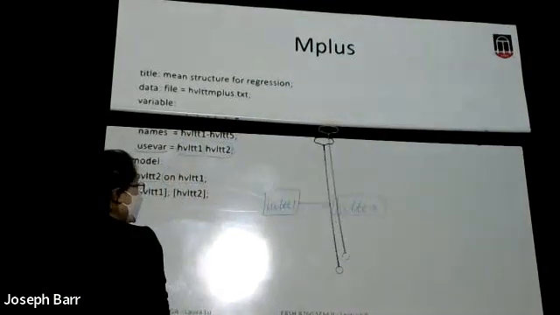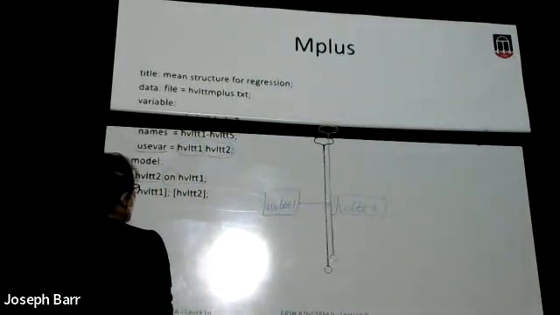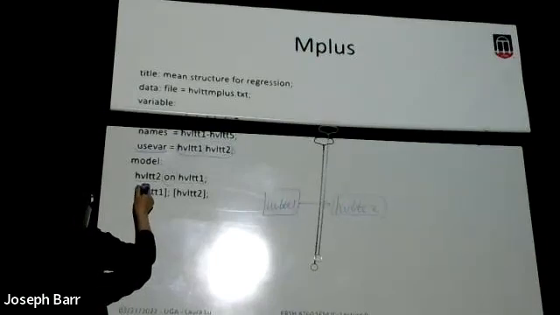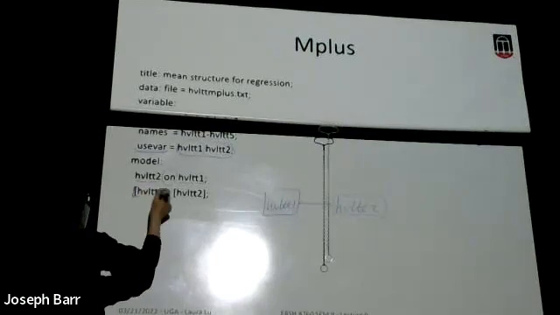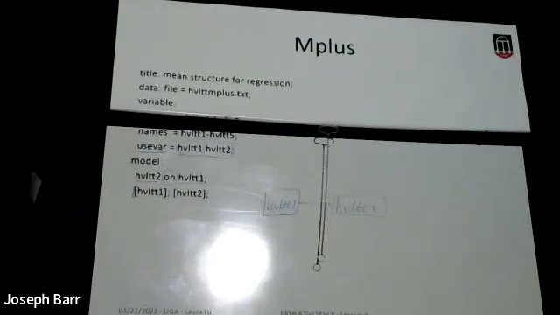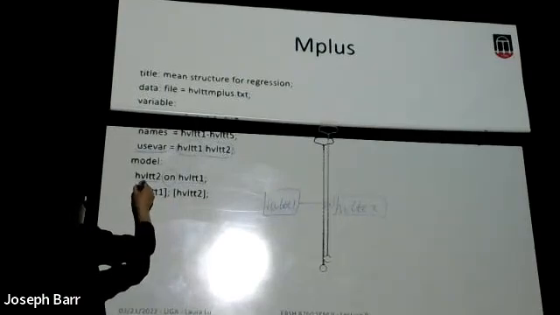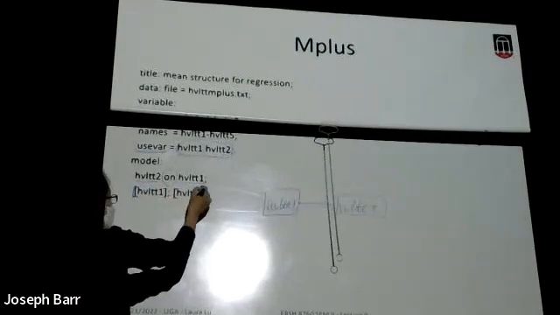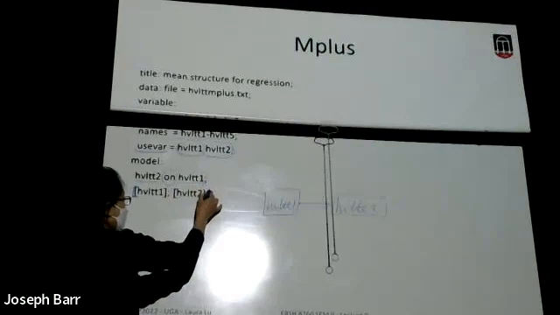We regress on it. And then something new here, look at this part. We have some brackets. Remember when we talked about the keywords of M+, what do brackets mean? Brackets mean the mean part.